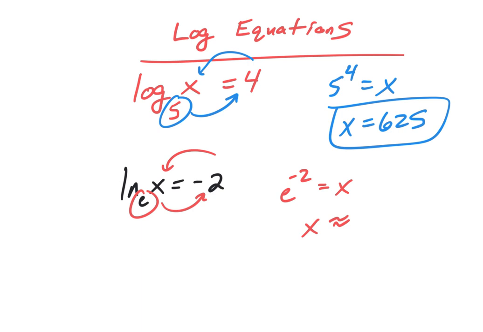Okay, e to the negative 2. What do we get? 0.135. Okay. So it's going to be really important to know how to put things into your calculator and know where that e button's at and all those kind of things.